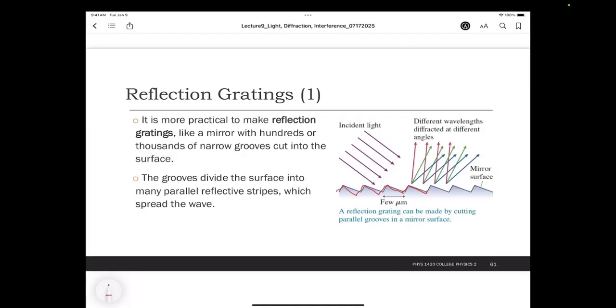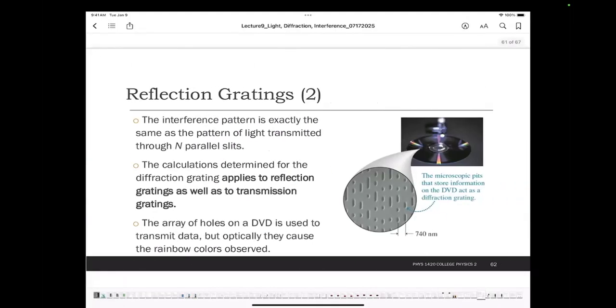If the incident light comes here, these grooves divide the surface into parallel reflection strips, and the strips spread the wave. This we call a reflection grating.